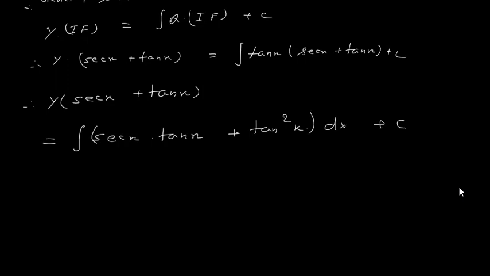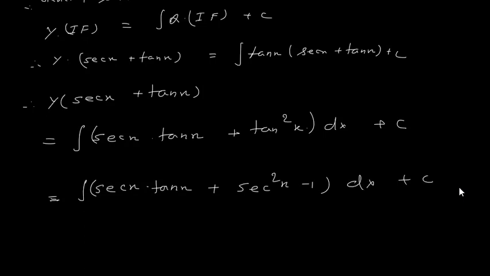Now integration of sec x tan x is sec x, okay, and this tan square x, we don't have integration of tan square x, so we will convert it into sec square x, whose integration is known to us. So write this as sec x into tan x, write this as sec square x minus 1 and then integrate it.